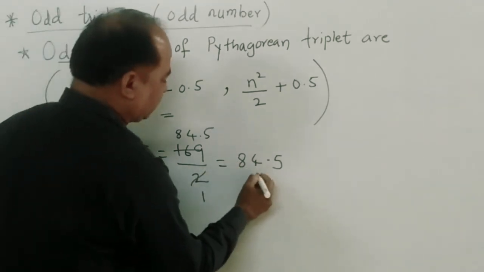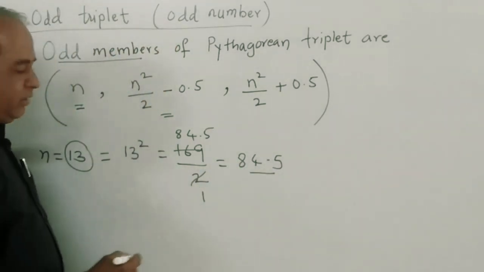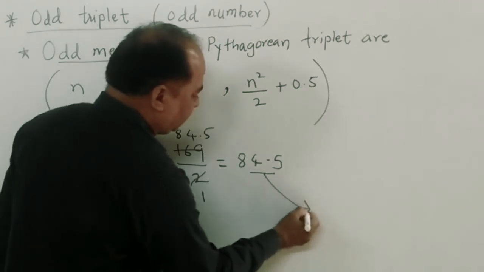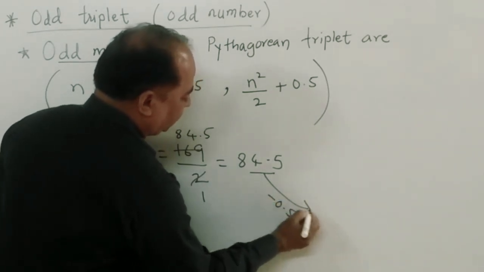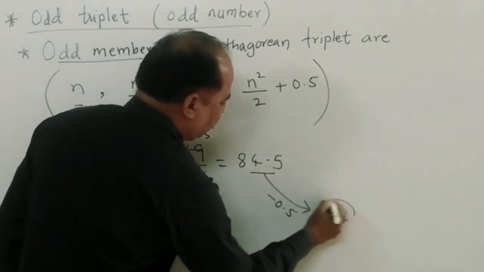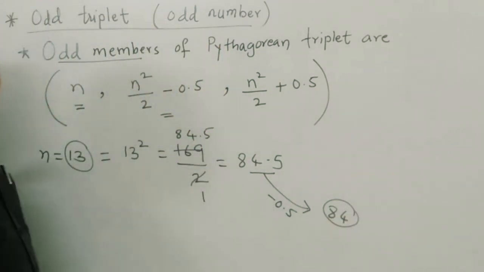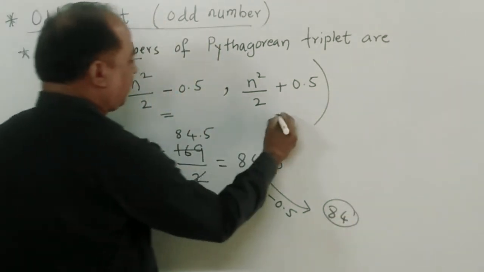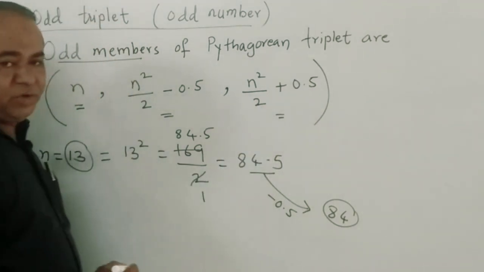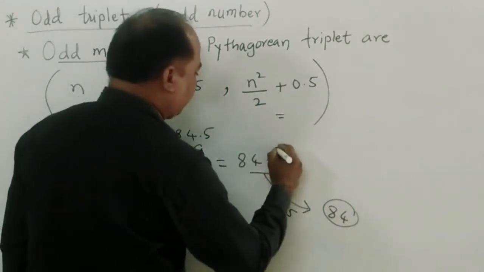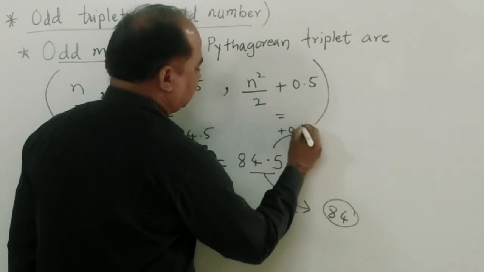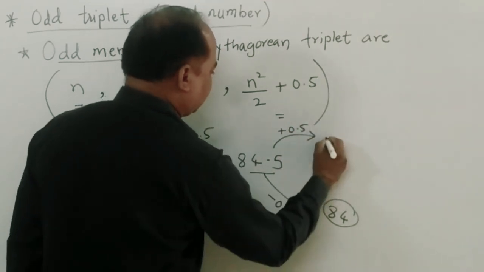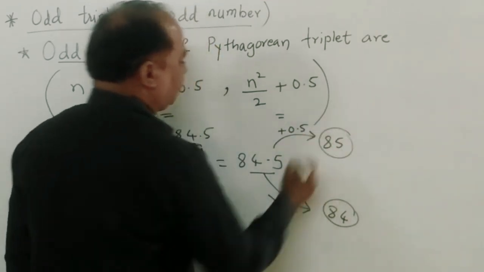Now the second member is n square upon 2 minus 0.5. So n square upon 2 is 84.5. 84.5 minus 0.5, which is equal to 84, is the second member, and the third member is n square upon 2 plus 0.5. So 84.5 plus 0.5 is equal to 85.